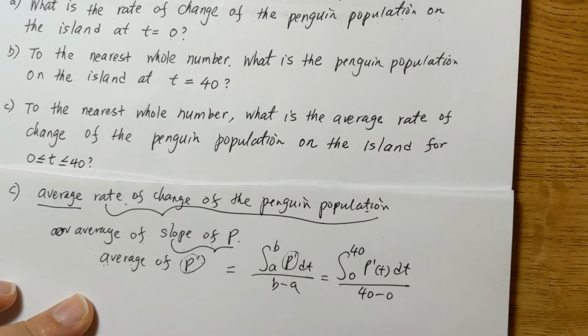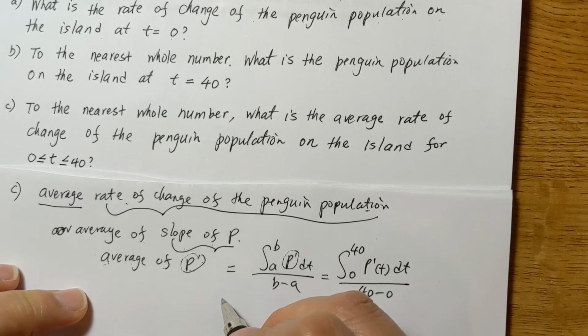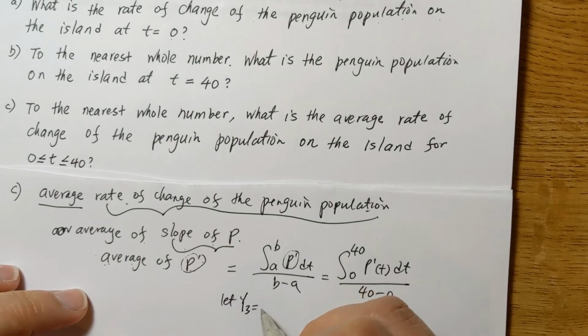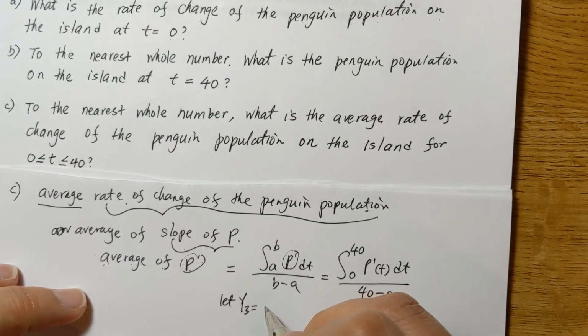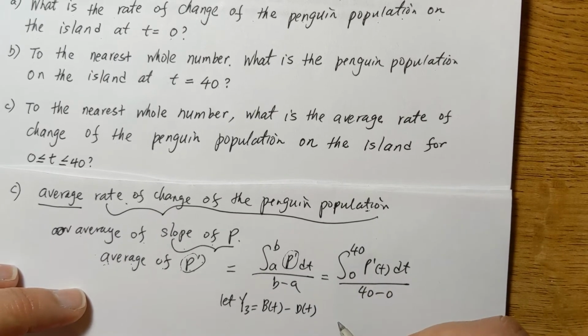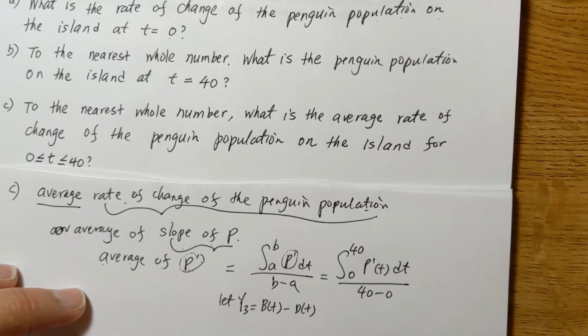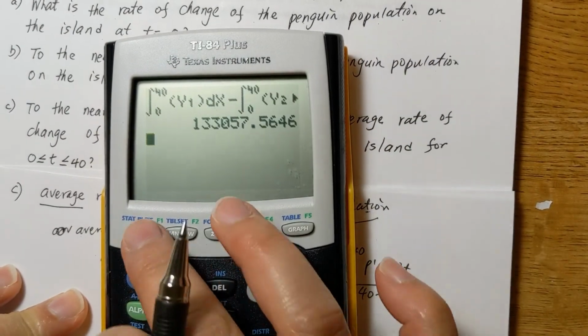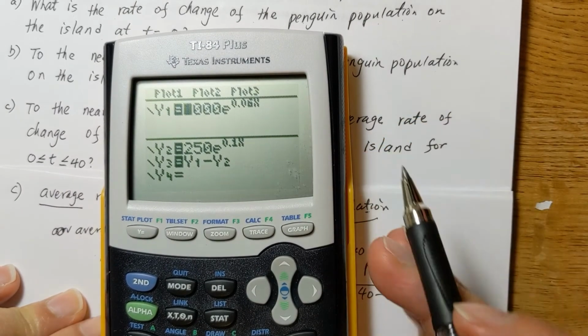So now we just let the y3 equal to the rate in minus the rate out. We did that before.